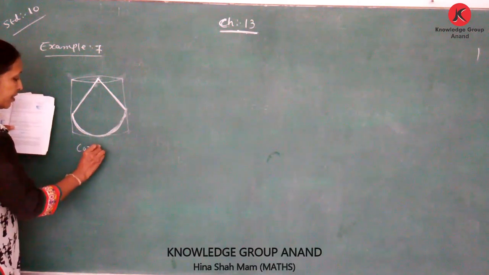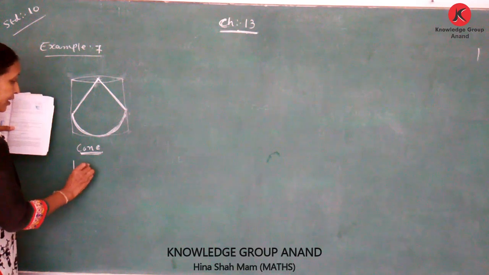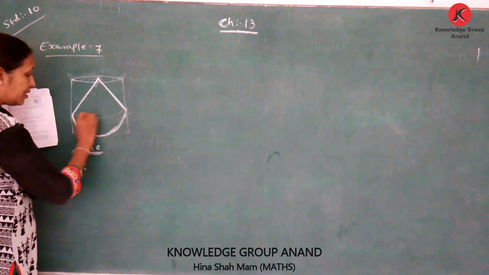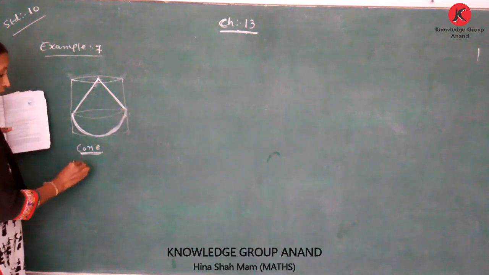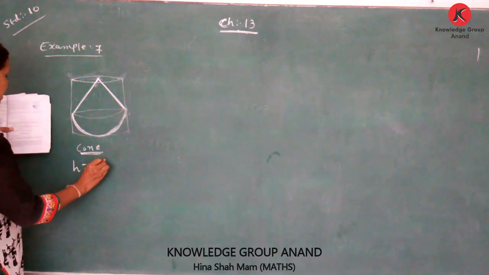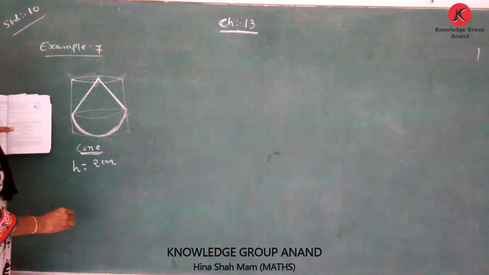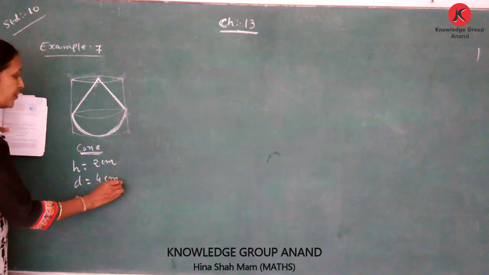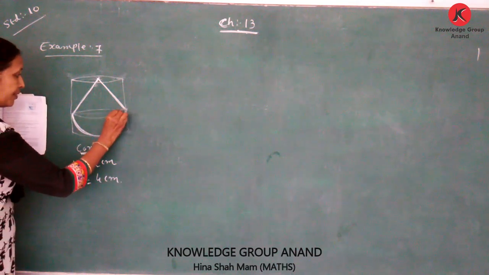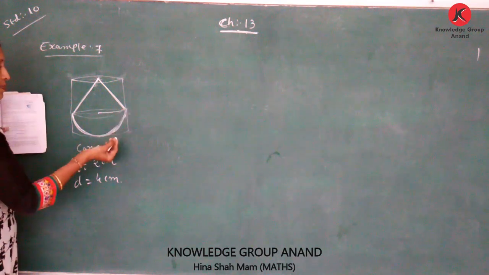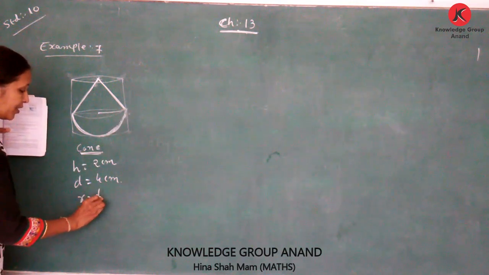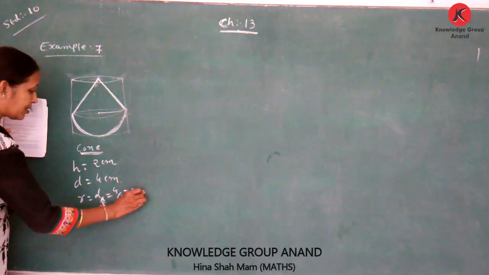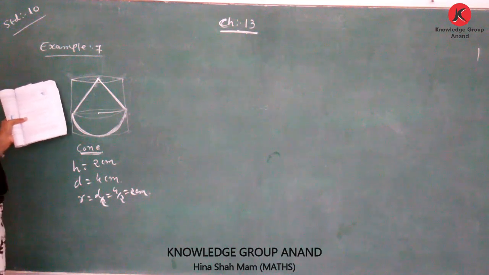Here there are two shapes, cone and hemisphere. The height of the cone is equal to 2 cm. The diameter of the base is 4 cm. Then radius is equal to diameter by 2, which is 4 by 2, so radius is equal to 2 cm.